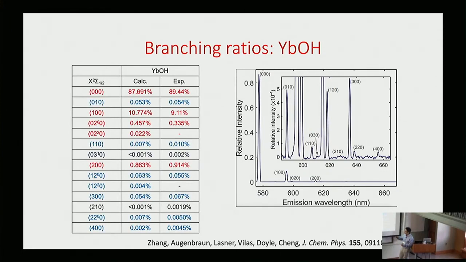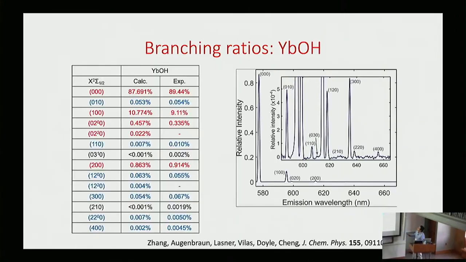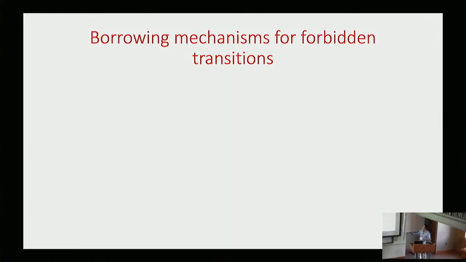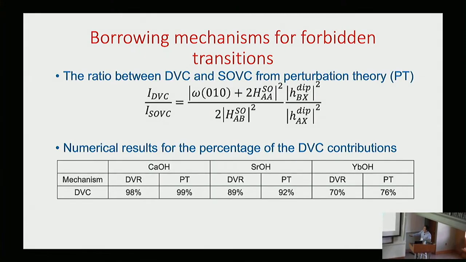So overall, one has tools to give reasonable sensitivity in the calculations that can capture the weak transitions, and one can do something with this. And just one slide to say that the perturbation theory and the borrowing mechanisms work pretty well. So the perturbation theory and the DVR compare favorably.